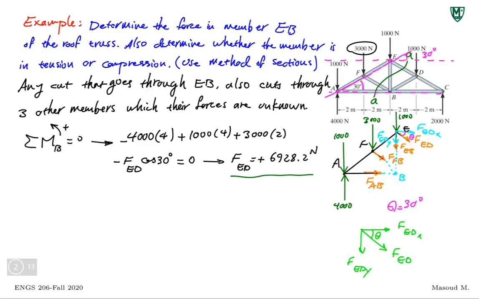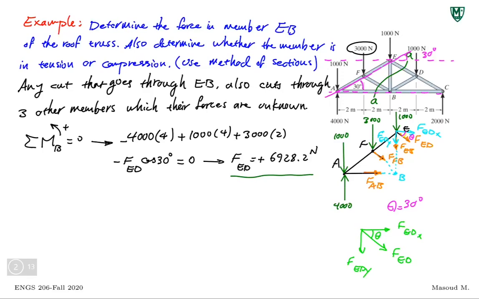The reason is, we can probably see. If I write it in the y direction, it would be FEDY, then FB also has a component in the y direction, so there are two unknowns there. If I write it in the x direction, FEDX is one component that I know, but I don't know FAB, and FB also has a component in the x direction.